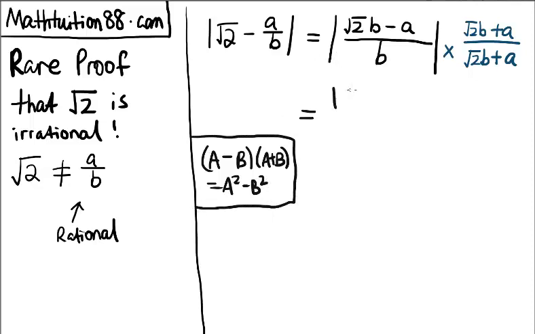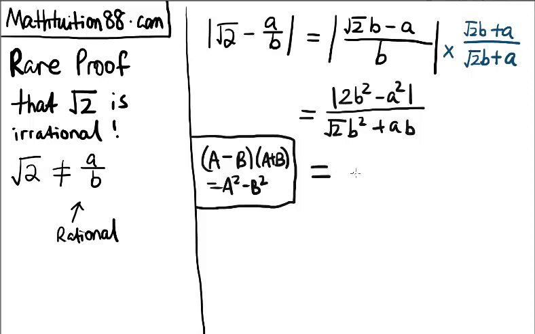So the top will actually become 2b squared minus a squared, and the bottom will become root 2 b squared plus ab, and if we factorize out the b on the denominator, it will become b times root 2 b plus a.